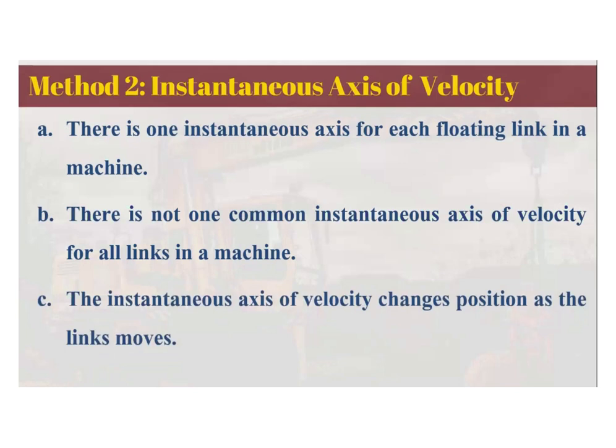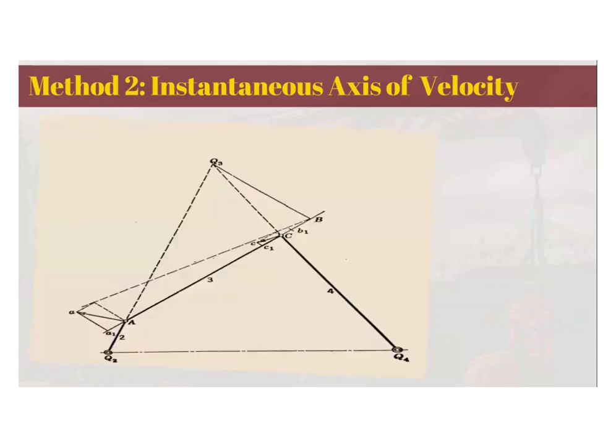And the instantaneous axis of velocity changes position as the links move. So in topic number 4, we call them variable or varying centros. These are the concepts that will help us in analyzing velocity using the instantaneous axis method.